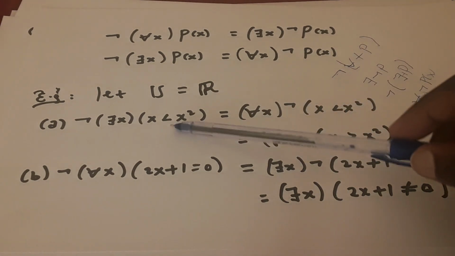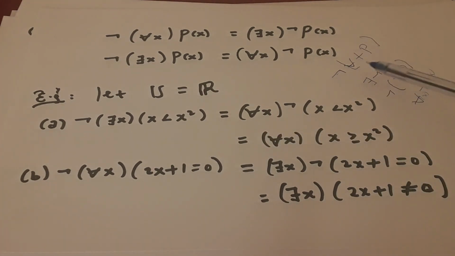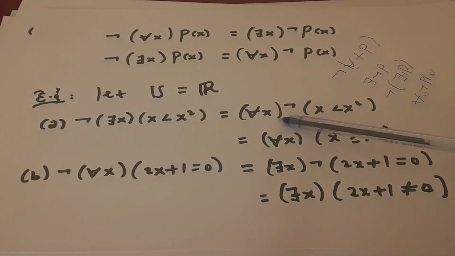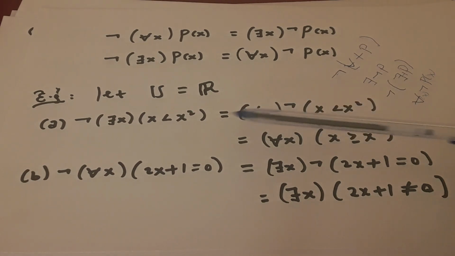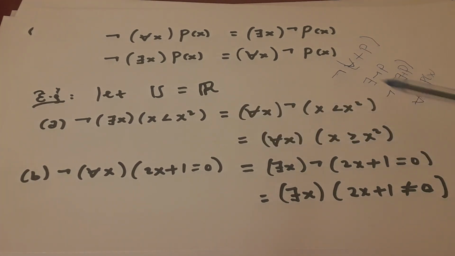Negation of this proposition, this is the backward E with P, so its negation turns to the universal quantifier. So the negation of x less than x squared is x squared less than or equal to x, or x greater than or equal to x squared.